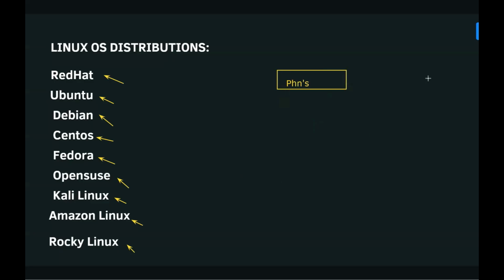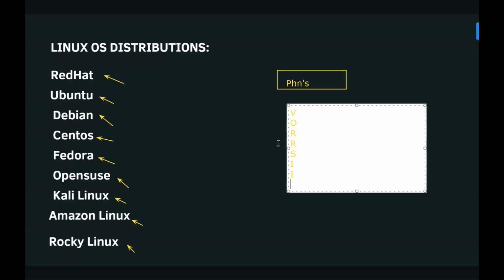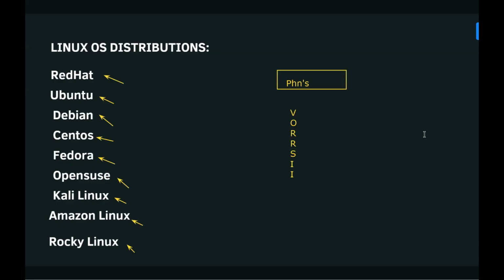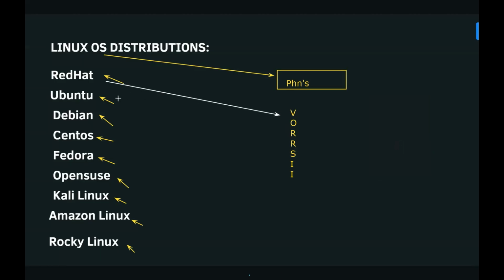We have Vivo, Oppo, Realme, Redmi, Samsung, IQ, and iPhone. So we have different phones. In the same manner, if the OS was a phone, these all are going to be the types of phones, like Red Hat.